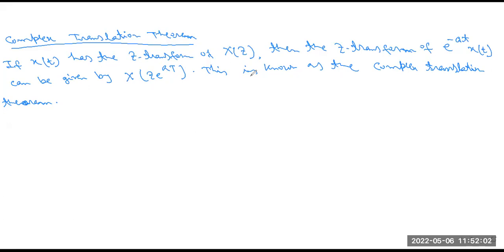So what is the mathematical form of this complex translation theorem? I am writing here the mathematical form: the Z transform of e to the power minus at x of t is equal to the summation of k equal to 0 to infinity of x of kT e to the power minus akT z inverse.